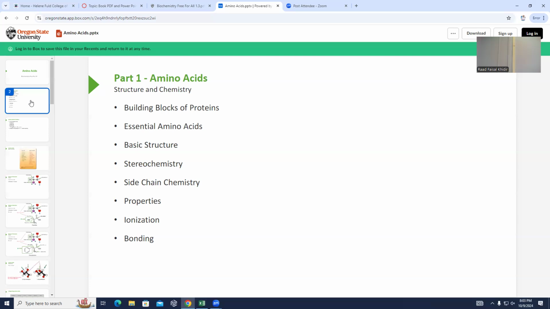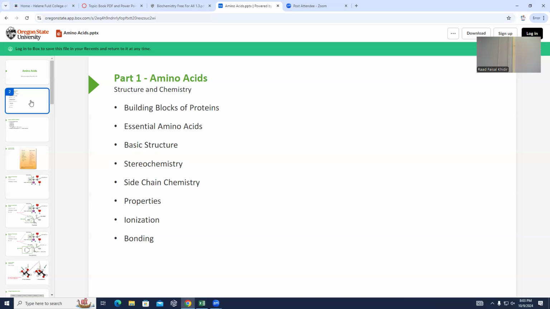You have structural proteins and functional proteins. Structural proteins such as collagen. Where do we find collagen? In the ligaments, the bone and the skin. Where do we find keratin? Keratin in the hair and the nails.